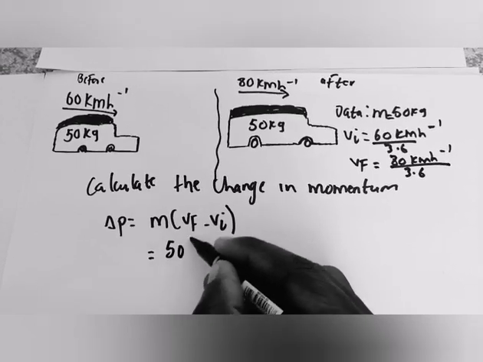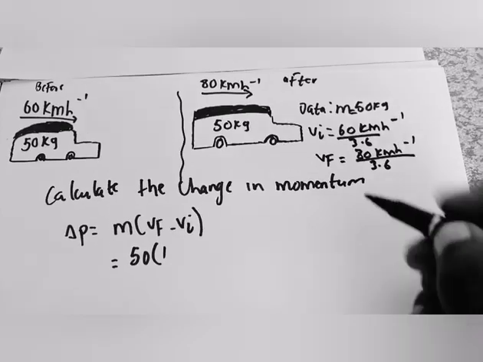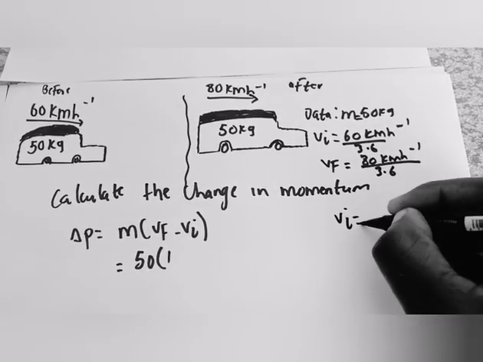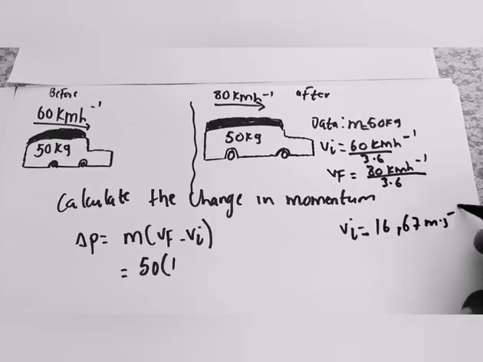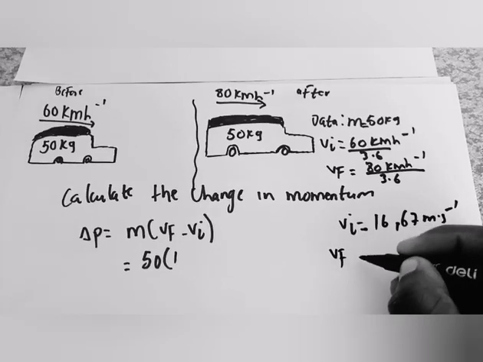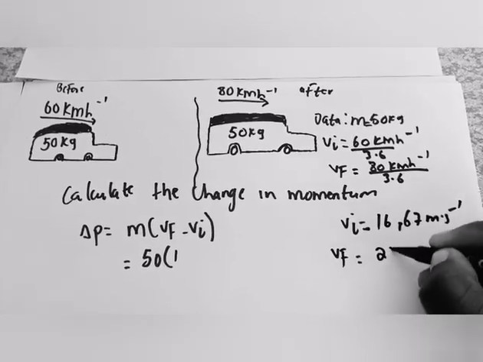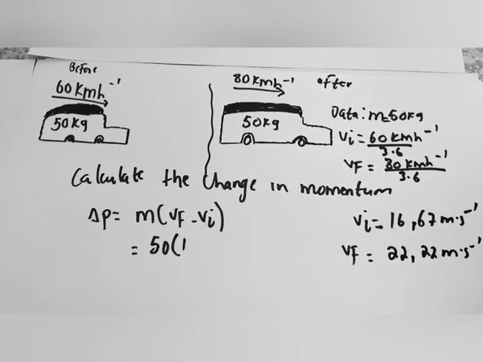Now our mass is 50. For the Vf and the Vi, the answer you get when you divide is Vi equals 16.67 meters per second to the right. Remember that Vf equals 22.22 meters per second.